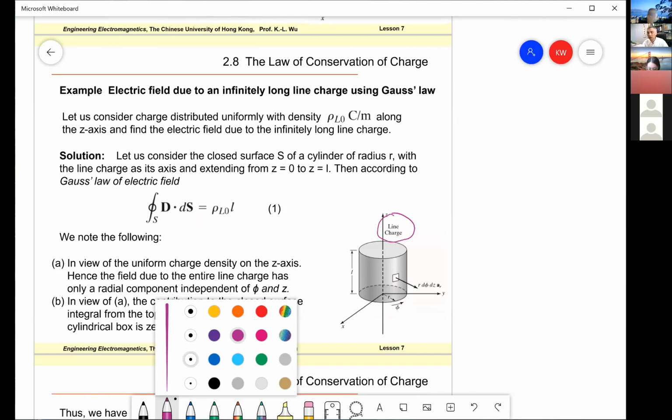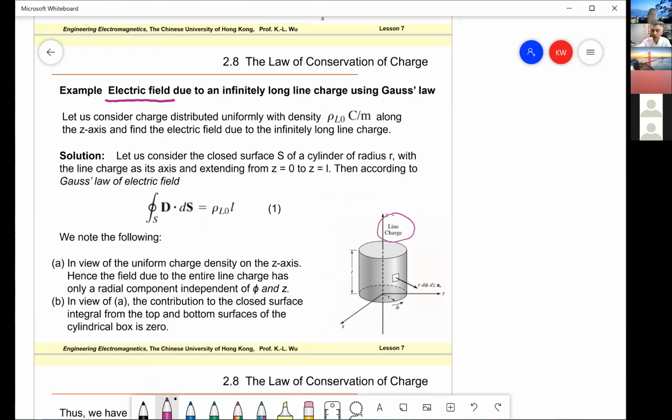What we would like to do is calculate the electric field at any point. Tell me what the electric field is, the magnitude and the direction.